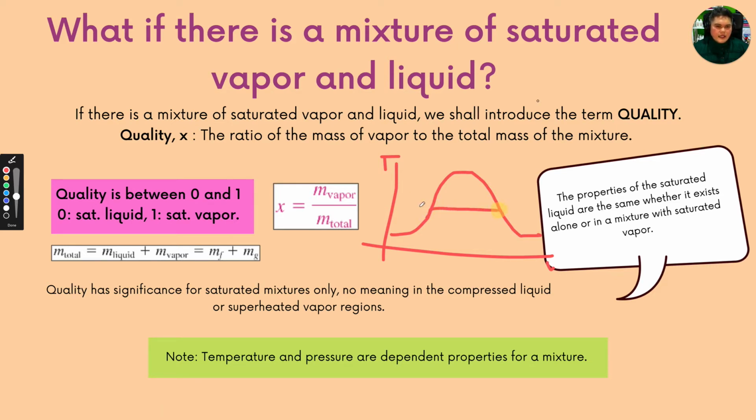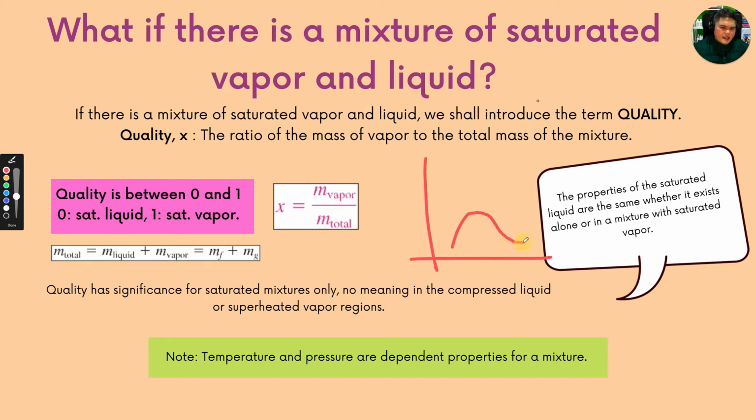This is the saturated liquid and this is the saturated vapor. Along the line, the properties of the liquid are not changing, because it is on the same straight line.